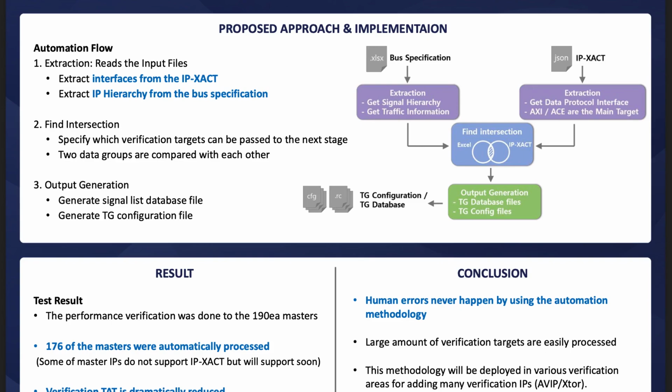At the find intersection stage, the methodology tries to search for the verification targets in the IP-XACT. If the verification targets are not found in the IP-XACT, the methodology reports to the user that it is not appropriate for the automation. At the output generation stage, which is the last step of the automation, output files are written.